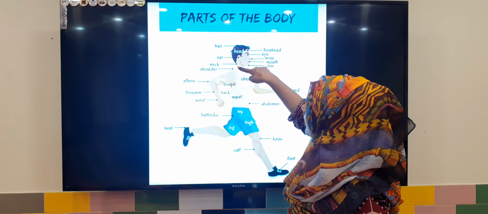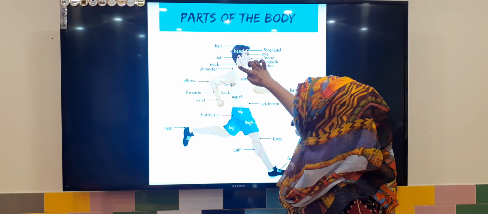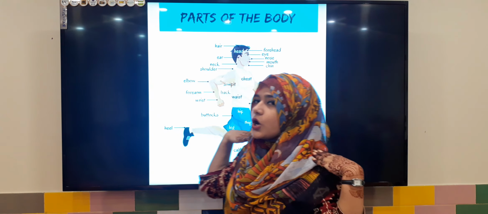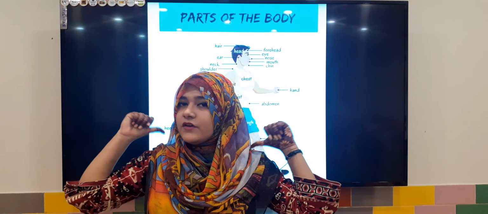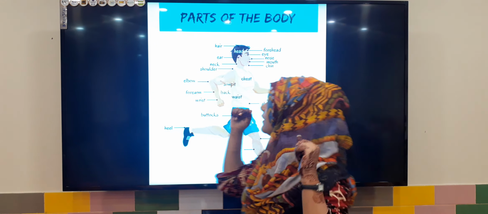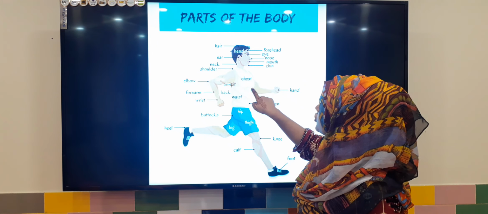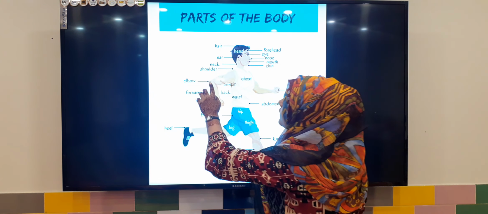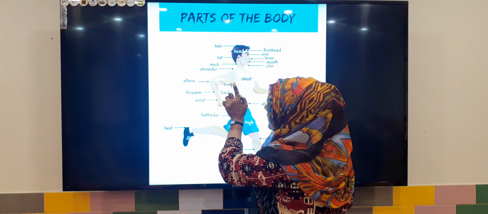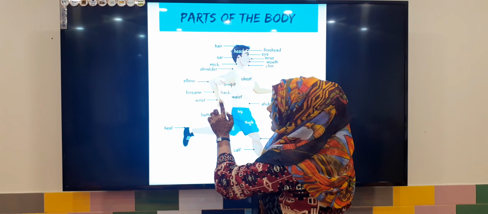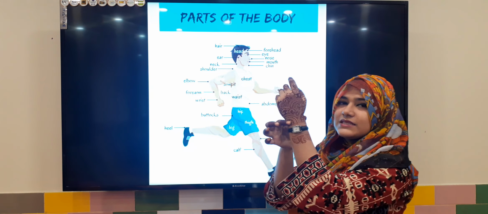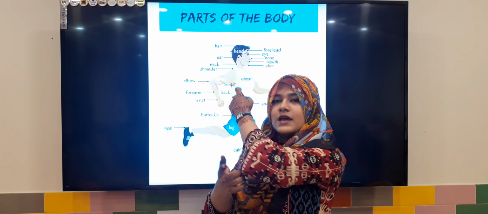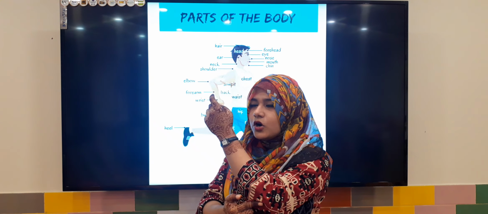Then after this head and neck, we have our shoulders, right? We have shoulders over here. Then this is the chest, and in our arm we have elbow, armpits, forearm, and the wrist. This is our wrist. This is our elbow, right?